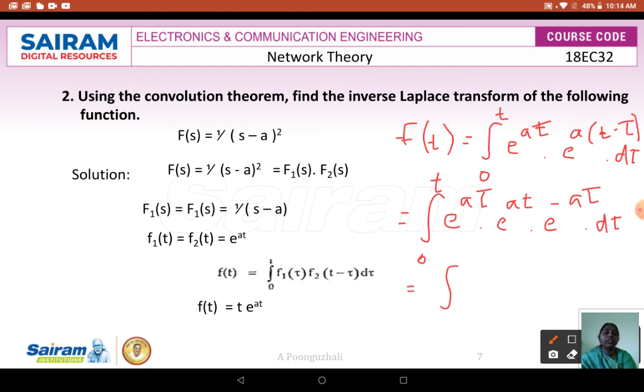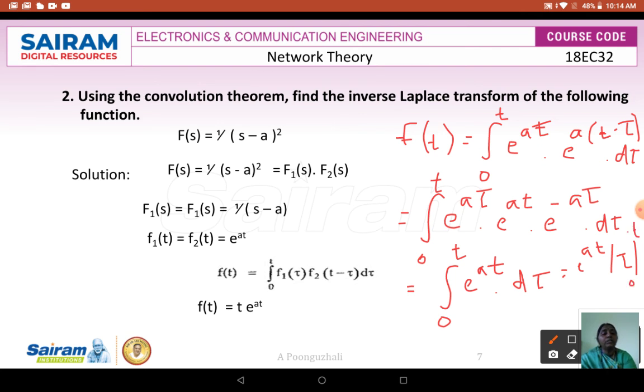I can have this function as integral 0 to t e power a t d tau. So we should integrate it with respect to tau. That means e power a t is a constant. So if it is a constant, then I can write this expression as e power a t times the integration of d tau, which is tau from 0 to t.